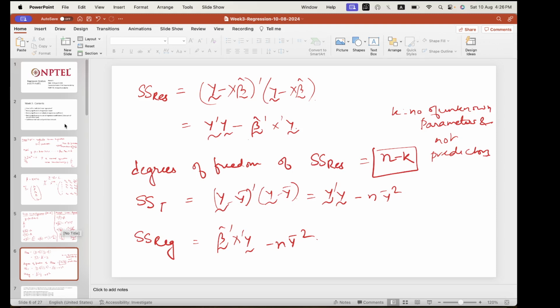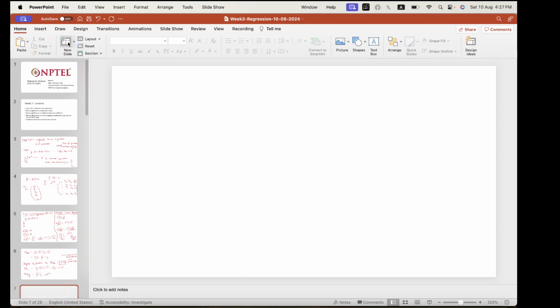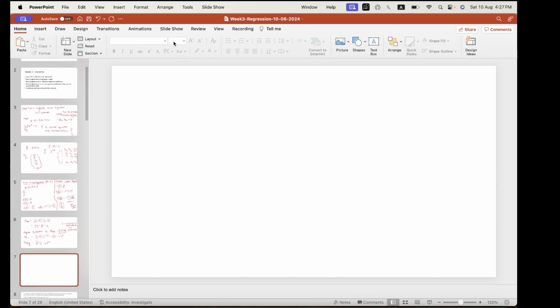The last day I was explaining, and I'm going to reiterate, SST equal to SS due to regression plus SS due to residual holds true everywhere. So the total variation is divided into two orthogonal parts.